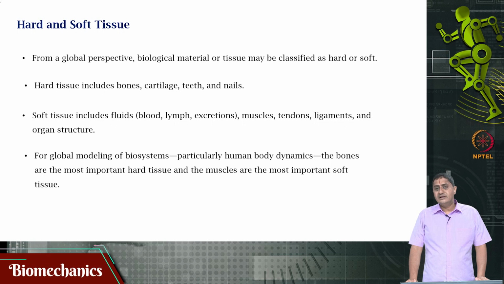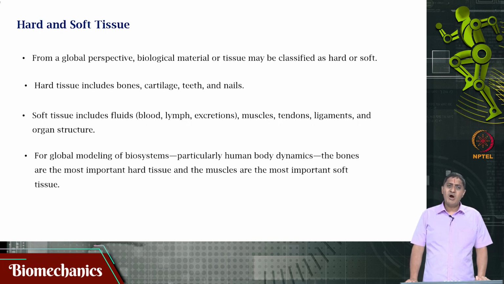So, broadly we can classify biological materials as hard tissues and soft tissues. The hard tissues are those like bones, teeth, nail and cartilage. Soft tissues are those like blood, lymph, excretory material, muscles, tendons, ligaments and other organs.